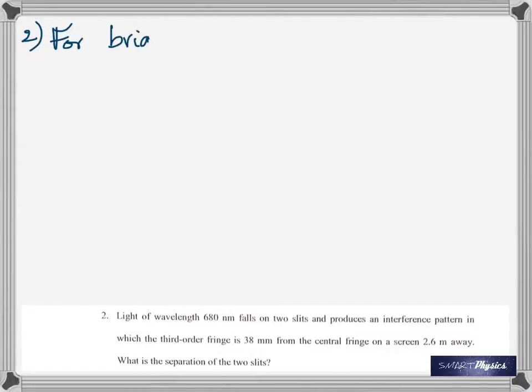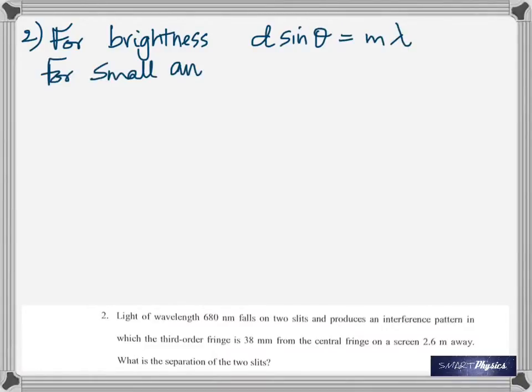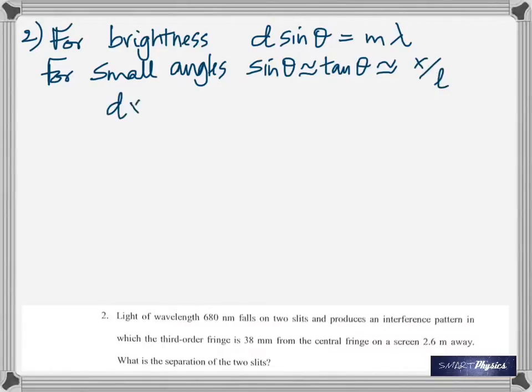And we know that for brightness, the condition is d sine theta is equal to m lambda. Now, as explained before, for small angles, sine theta is approximately equal to tan theta, which is x by L, and put them together.